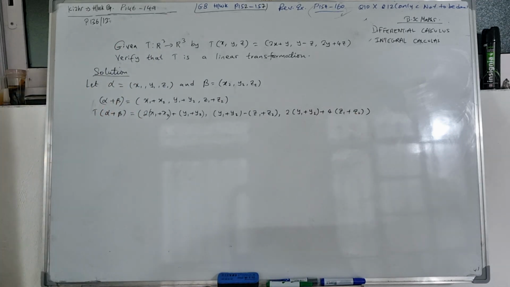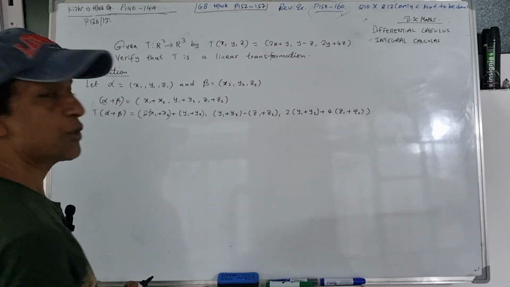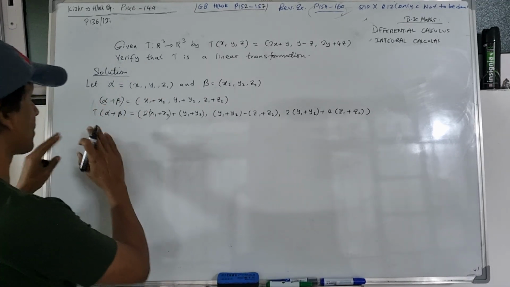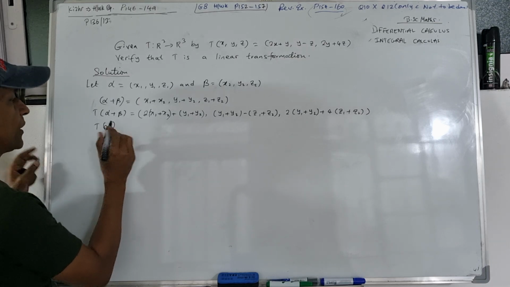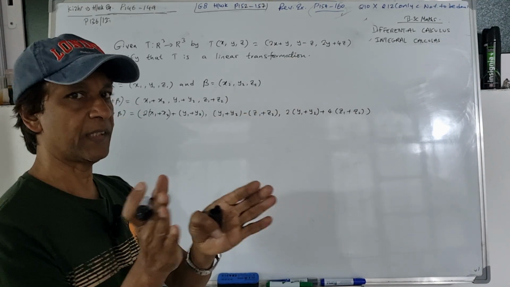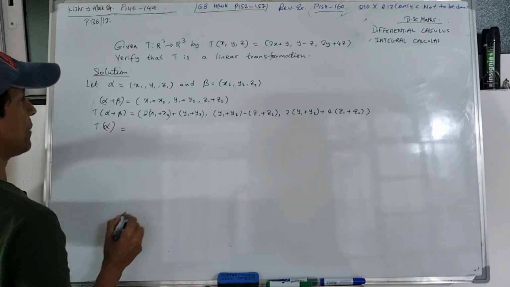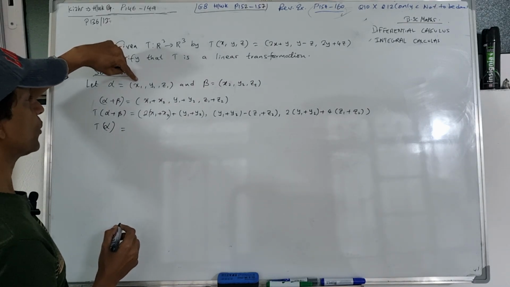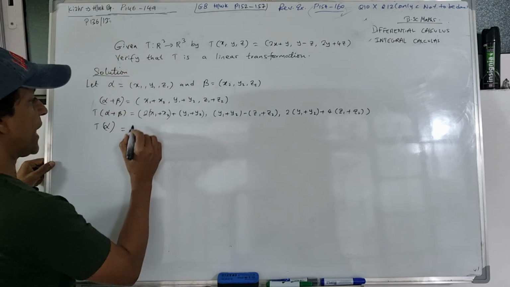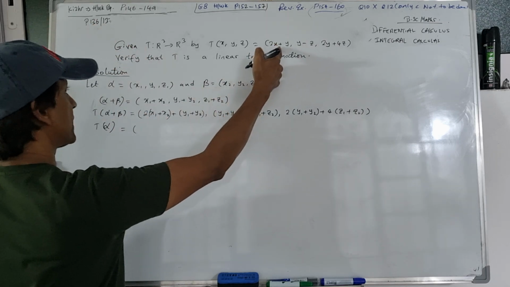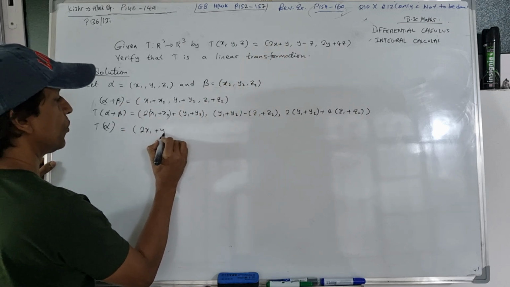That's my transformation after we've applied it onto the sum of the two vectors. Now I'm going to apply the transformation on the vectors separately. If I apply my transformation on alpha, which is (x1, y1, z1), I get 2x1 plus y1.